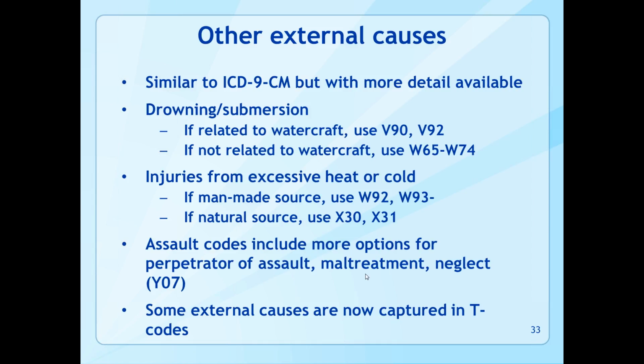So, if you're looking at an event that involved drowning, one of the first questions you want to ask yourself is, well, was watercraft involved or not? If watercraft was involved, then you should look at the transportation codes and use V90 or V92. But if there isn't any watercraft involved, a person drowned in a pool, or they drowned in a bucket, or drowned in a fountain, or something like that, then the code range to look at is W65 to W74.